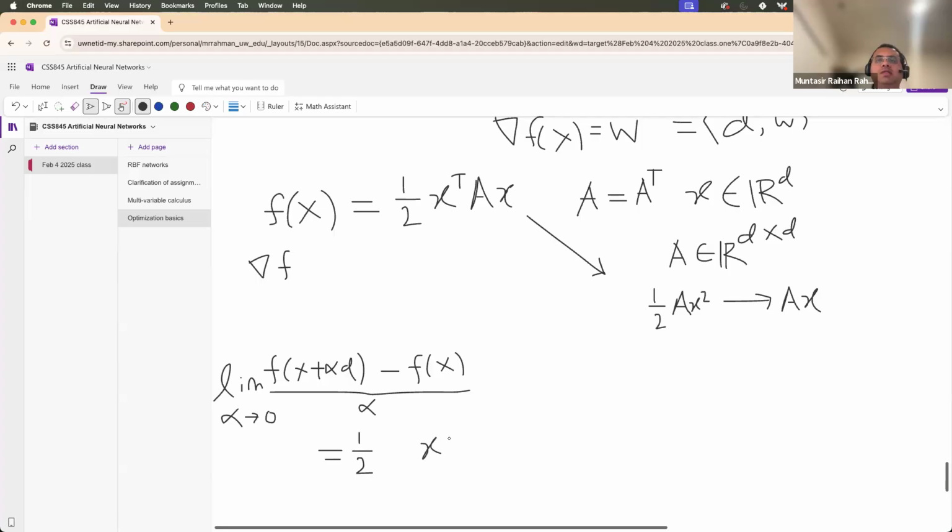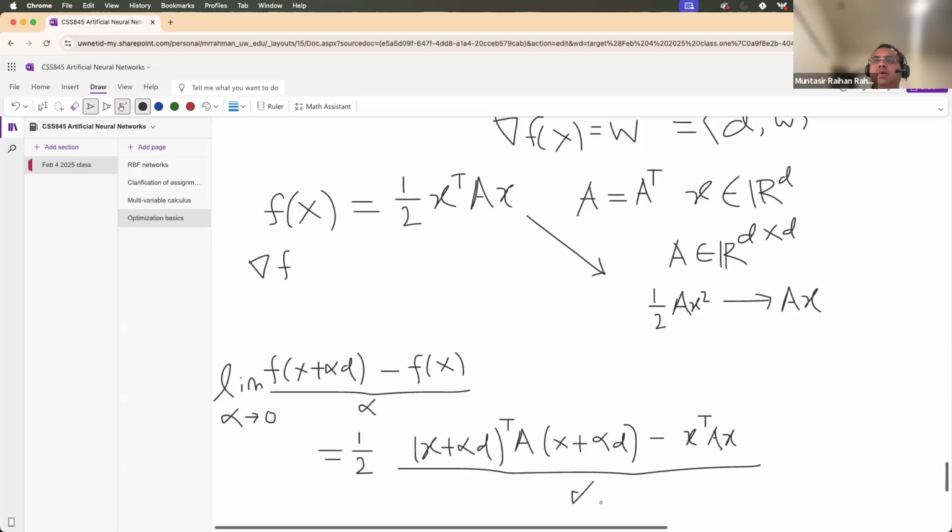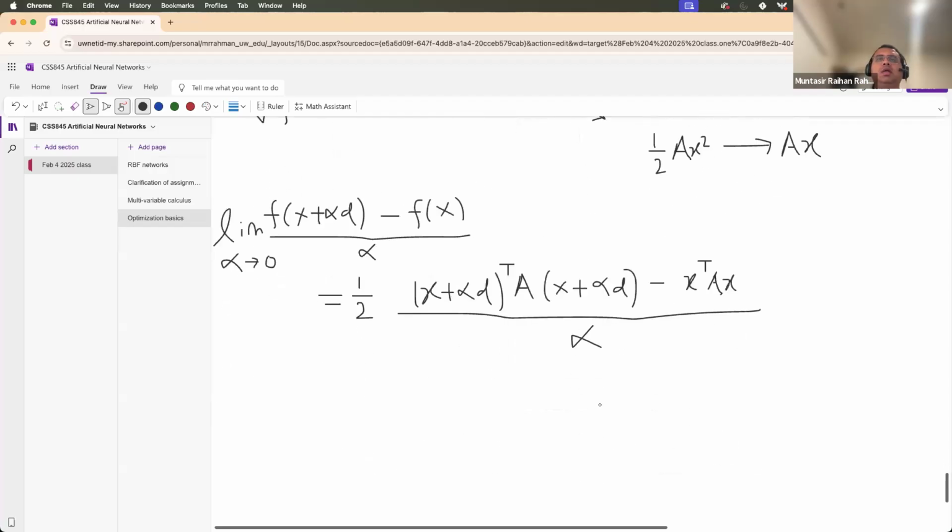We have x plus alpha d transpose matrix A times x plus alpha d, minus x transpose A x, with alpha below, and this is all limit alpha goes to 0, but we'll put that later.